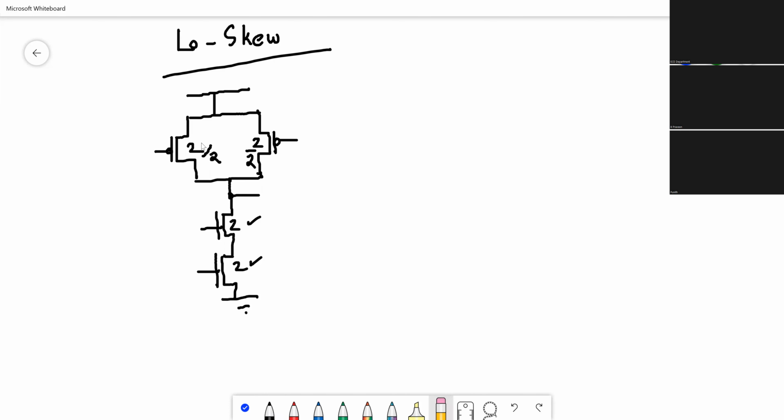So I'll erase this 2 by 2. Okay, so the NMOS transistors stay the same. PMOS transistors become 1 and 1. So this is the first step in calculating the transistor sizes based on the skew.